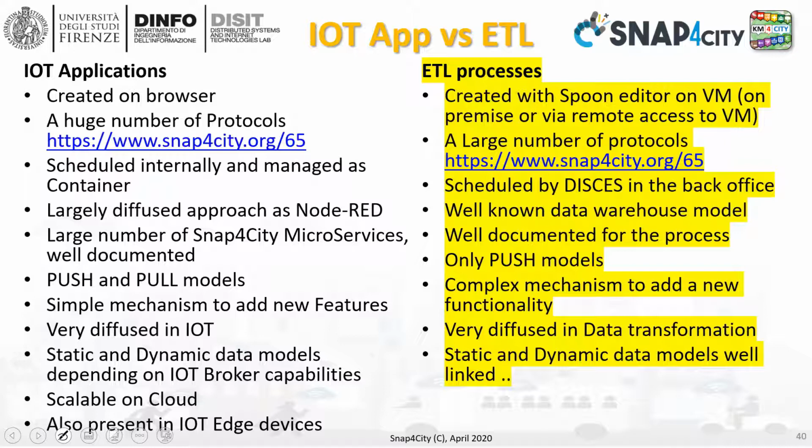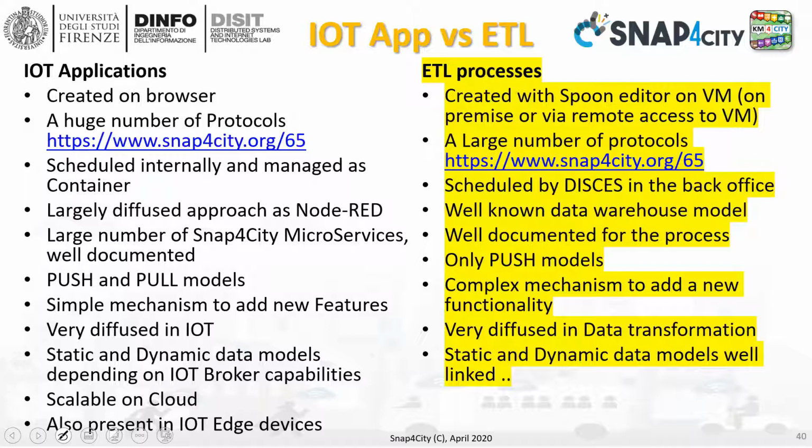IoT applications are created directly in the browser. You can have, on edge and on cloud, a huge number of protocols compared with the large number of protocols of the ETL. It can be scheduled internally.